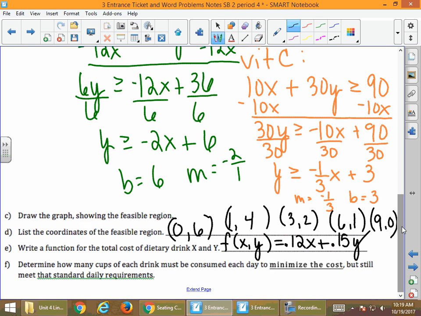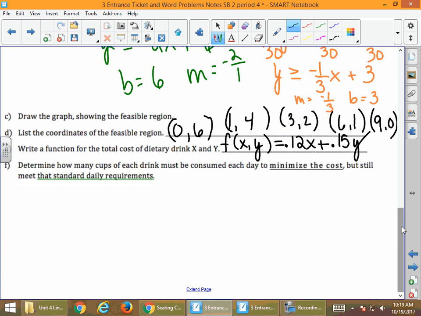I'm going to put those values back into the function in part E that we came up with in the last class. So our function f of x and y equals 0.12x plus 0.15y.